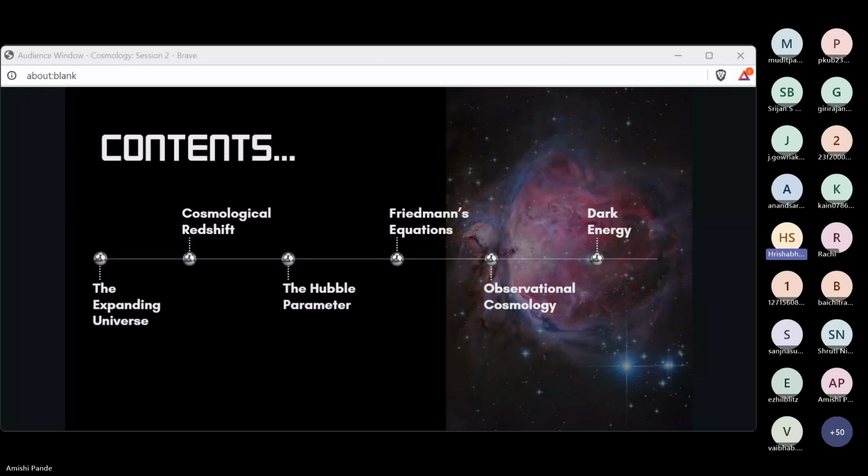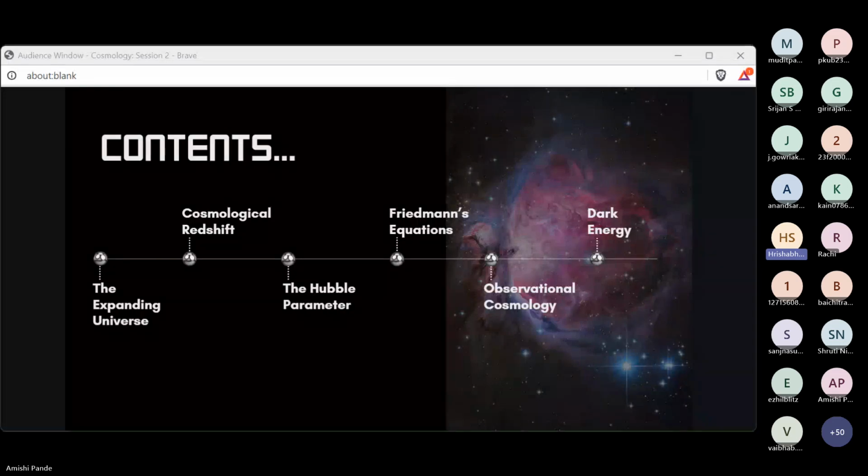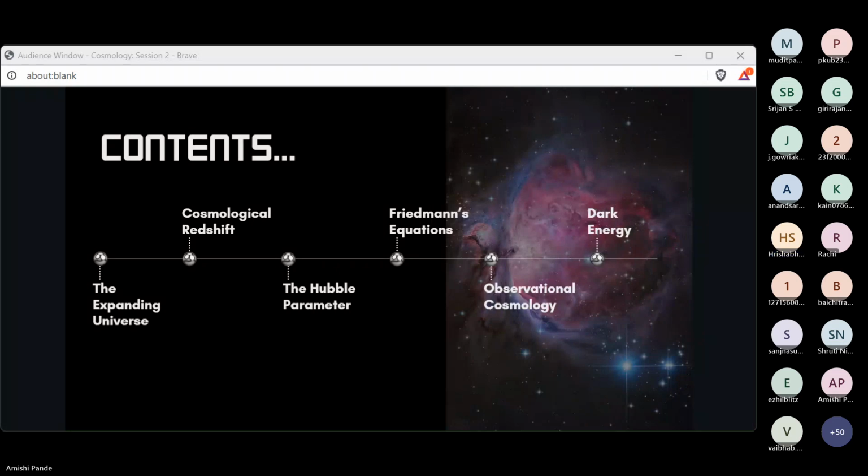You might have heard about Doppler redshift. Even if you studied GR, you will have learned something called the gravitational redshift. Today, we'll see what cosmological redshift is and how it is different. Is it even different from the gravitational redshift that we know about? Further, we'll move on to the Hubble parameter. And then we'll study the dynamics of the universe using Friedmann's equations.